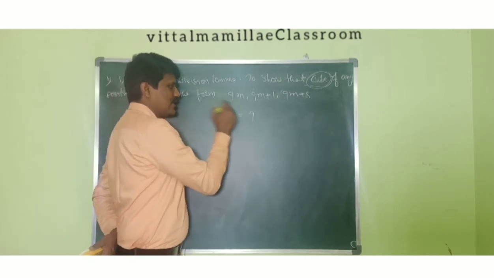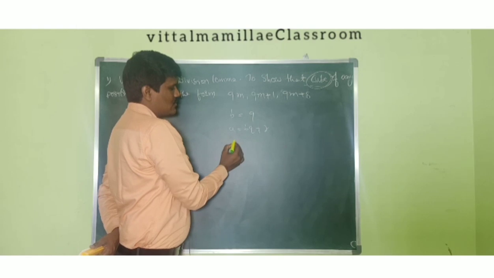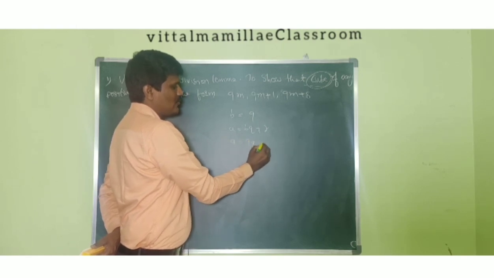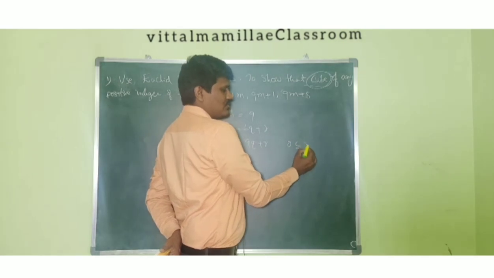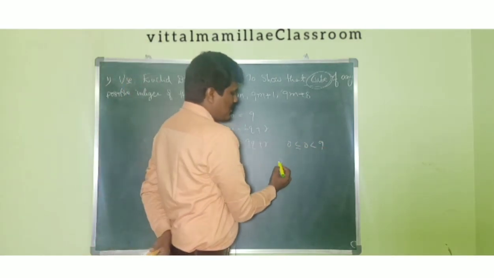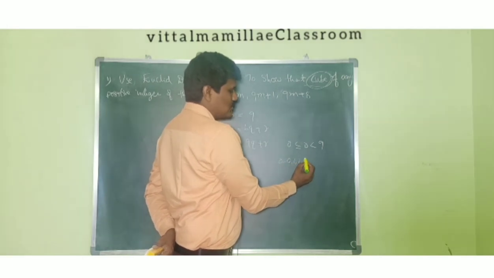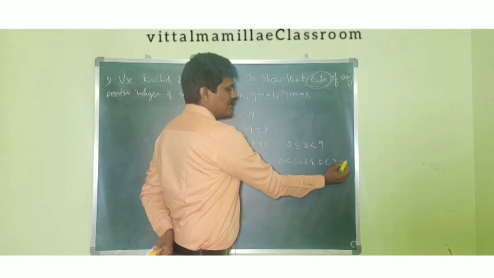If b value is 9, a is equal to bq plus r. So a is equal to 9q plus r, where 0 less than or equal to r less than 9. So r value will be 0, 1, 2, 3, 4, 5, 6, 7, 8.